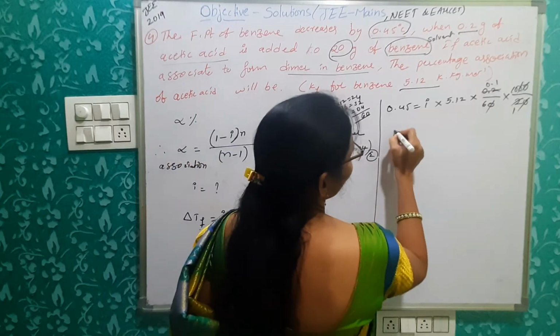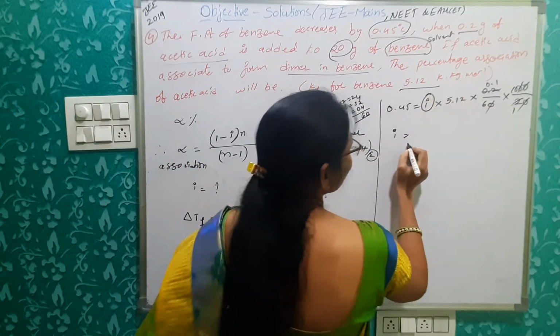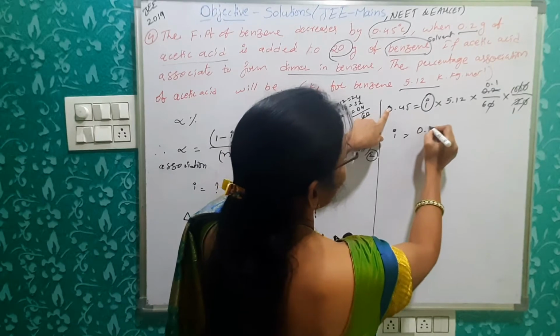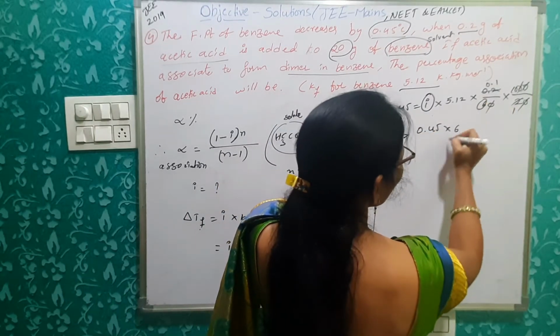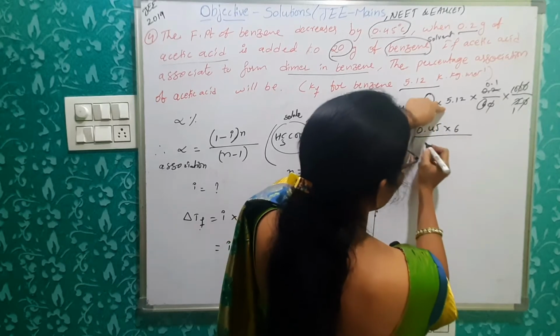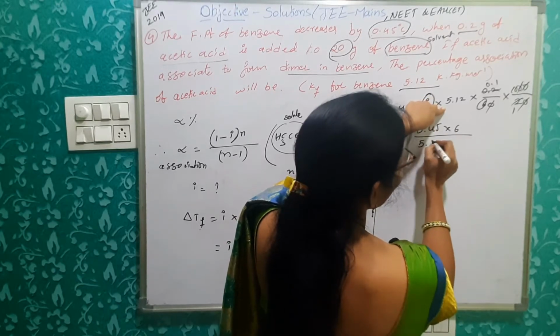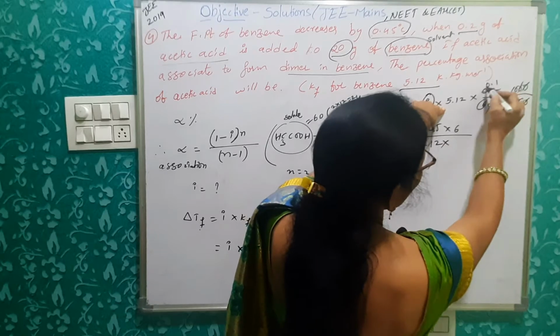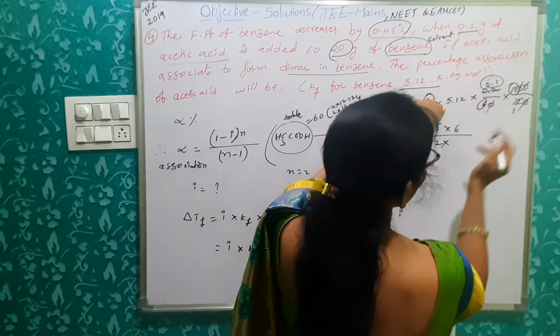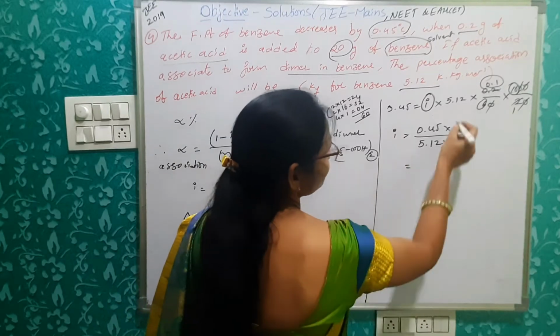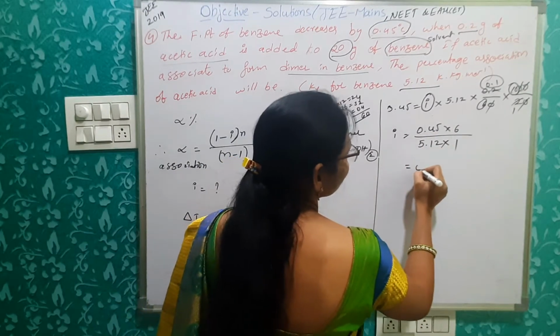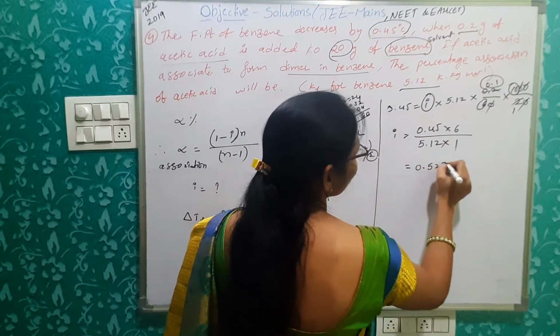Okay, now i factor, i is equal to 0.45 into 6 by 5.12 into 0.1, here 10, 1. Okay, by simplifying this we will get 0.527.